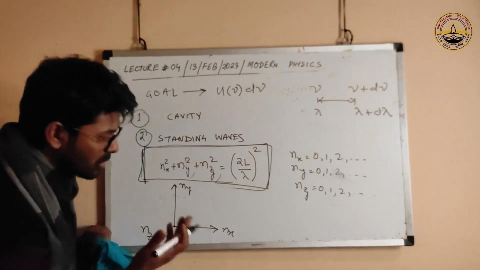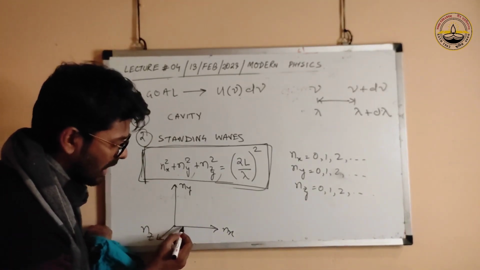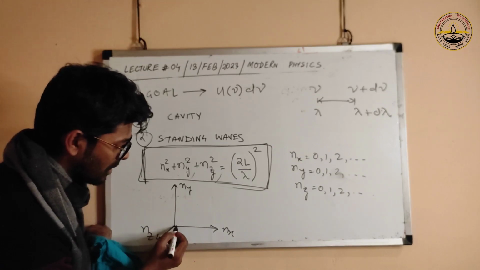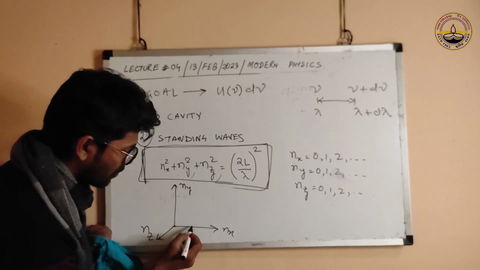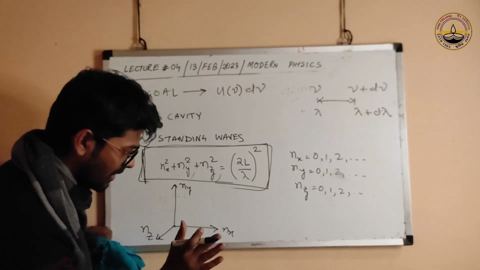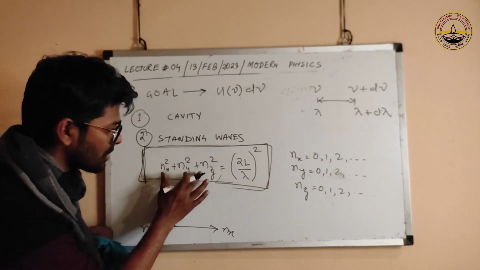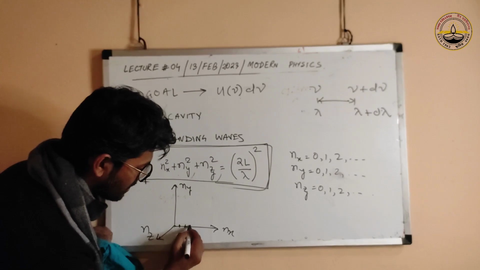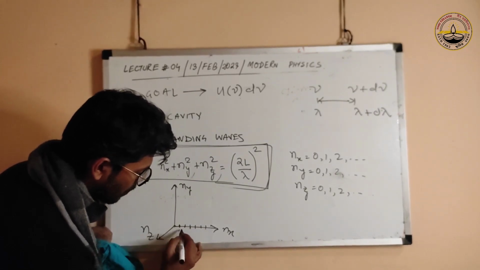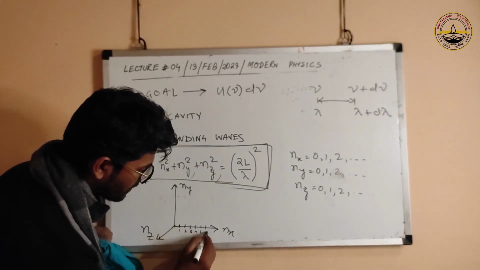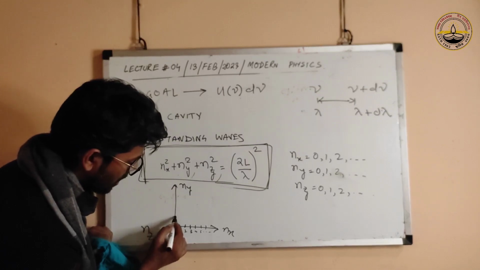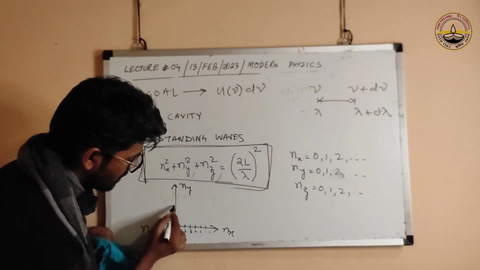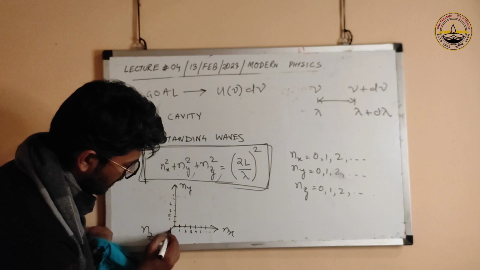In usual space, x can take any real value. It can be 0.1, 0.001, 1000, 0.01, or anything. But here, because these are integers, the only allowed values are integers: 1, 2, 3, 4, 5, and so on. Y also 1, 2, 3, 4, and in the z direction also 1, 2, 3.